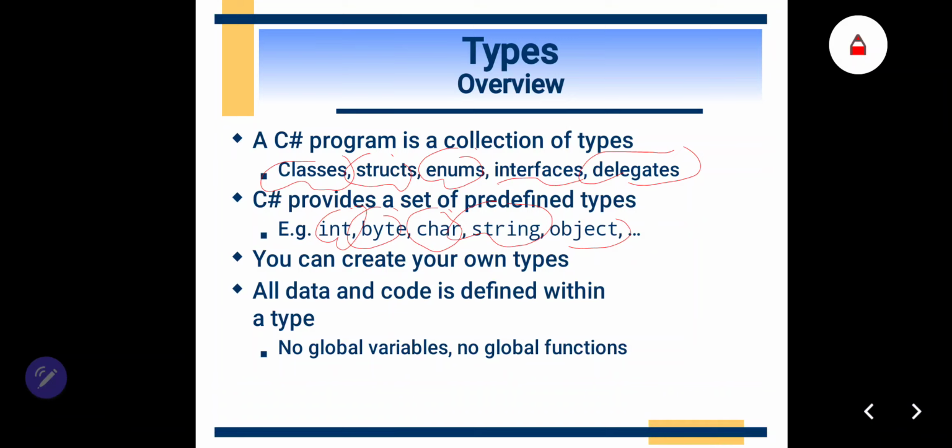In most other purely object-oriented languages, one would say that a program is a collection of classes. Not all types have all capabilities. For example, enums are fairly constrained.